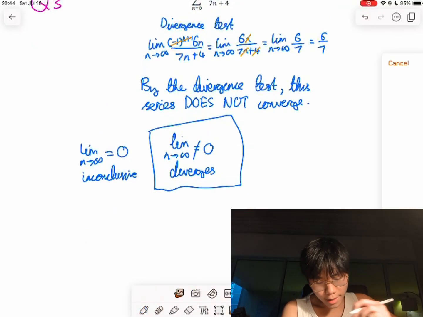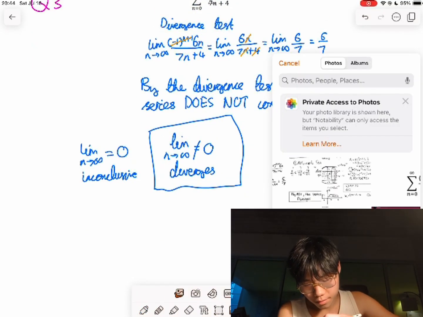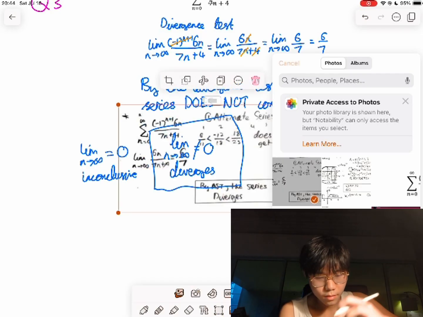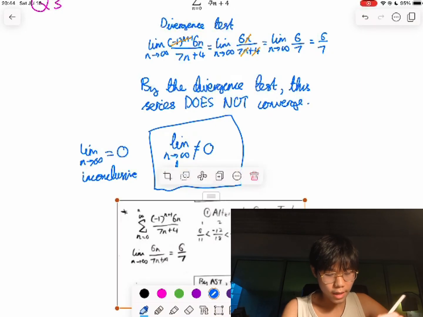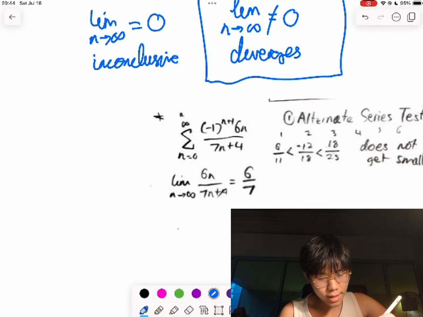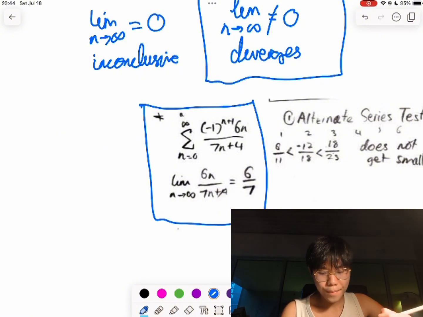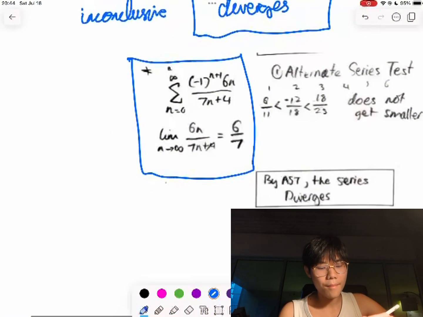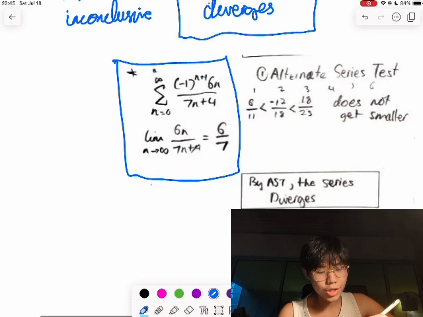And so, what did I do wrong? Okay, let me just add this picture back. What did I do wrong? You see, I actually did this in the test, but as I said, I didn't memorize the conclusions. So I saw this, I said, oh, it's not 0.